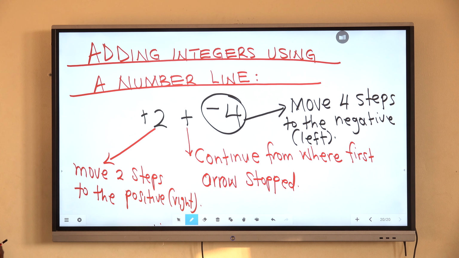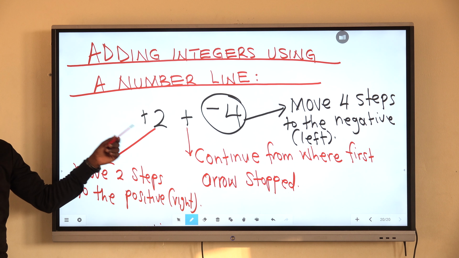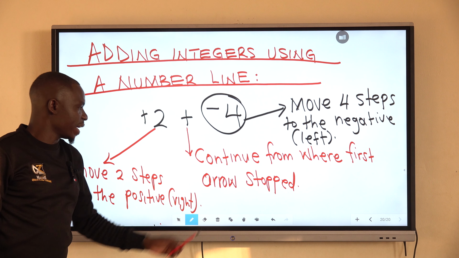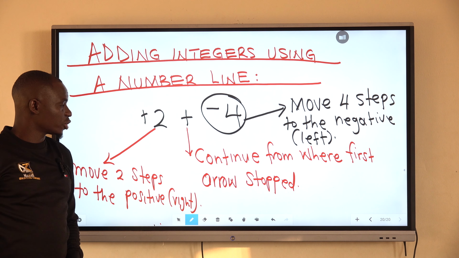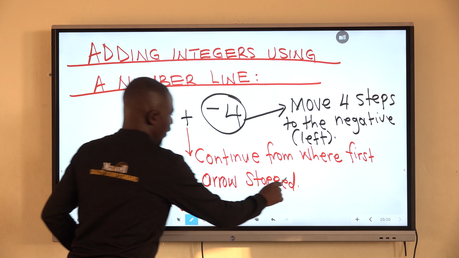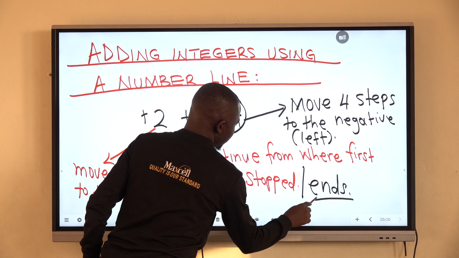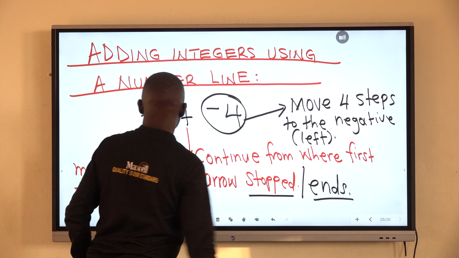Our third thing that you must note, the positive in the middle of the 2 integers tells you to continue from where the first arrow stopped or where the first arrow ends. The word ends is the same as stops.